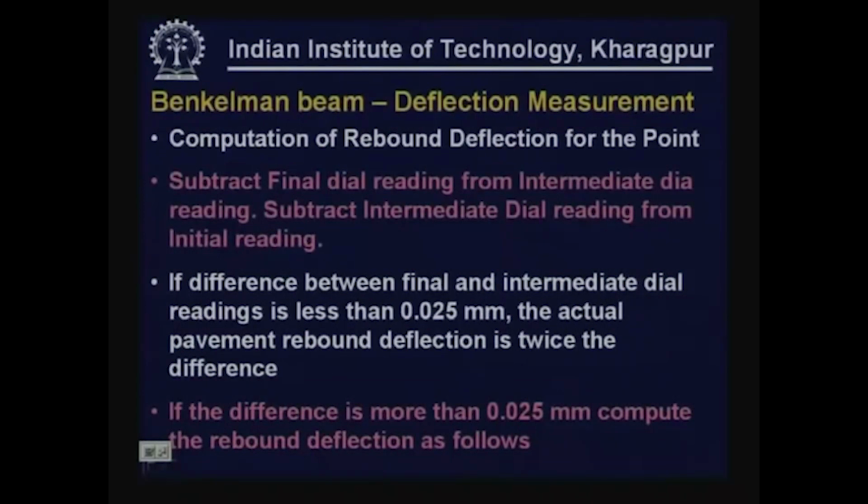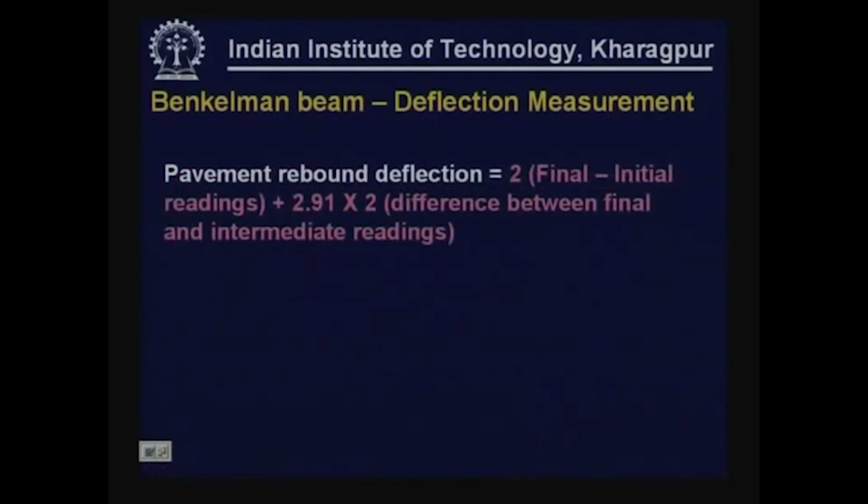If the difference is more than 0.025 millimeter, compute the rebound deflection as follows. The pavement rebound deflection is given as twice the difference of the final and intermediate readings plus 2.91 times twice the difference between the final and intermediate readings.